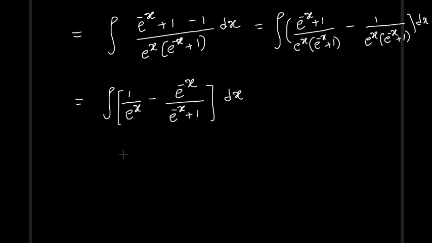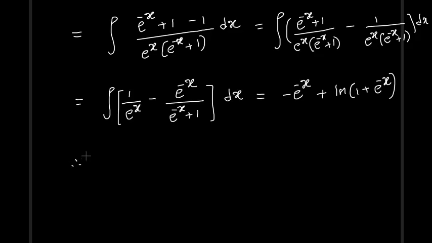Okay, now it is easy to integrate because the first expression is e power minus x only, so its integration is minus of e power minus x, and in the second expression the derivative of the denominator is there in the numerator exactly, so that will be plus ln of 1 plus e power minus x, that I can see.